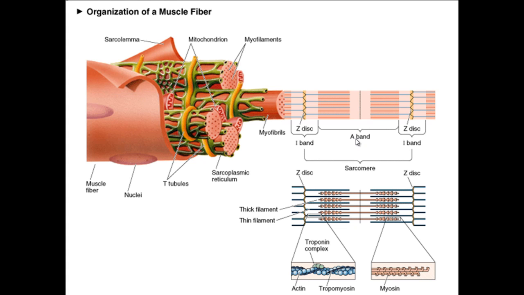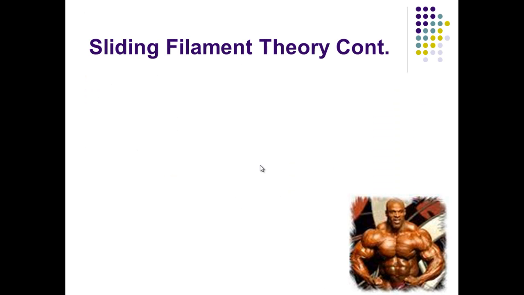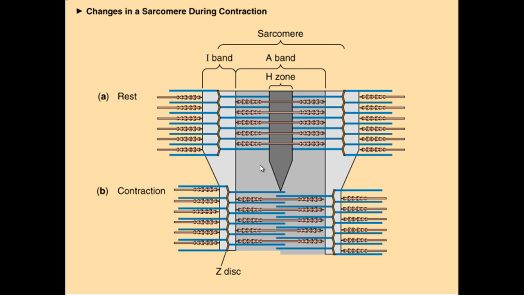There are also some other things that you can see labelled here, the A band and the I band. If I go into a bit more detail about what those actually are, this diagram really illustrates the difference between the A band, I band and the H zone. If you look at our diagram, this represents our thick filament, our myosin, and our thin filament, which is the actin, wrapped around it.